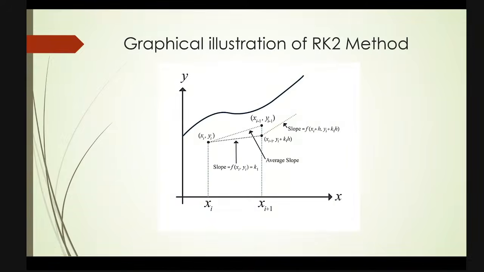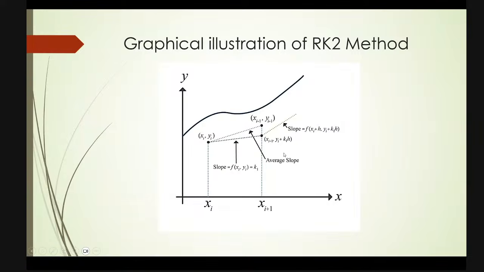As I had mentioned earlier, this RK2 method has a large number of variants, out of which another common method is where we compute the slope at the beginning point of the interval and at the midpoint of the interval. Depending on where we compute the slopes, the weights of k1 and k2 also vary. So you might get a question, how are these weights for k1 and k2 determined?